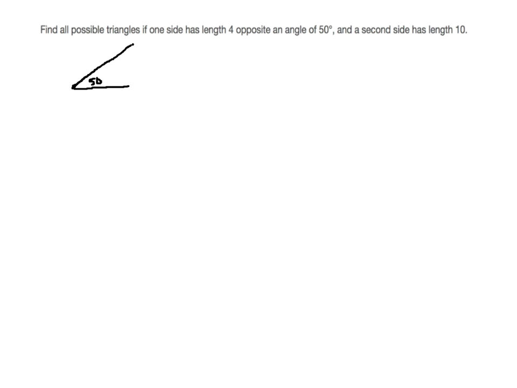There's my 50-degree angle, and I have a second side that has a length of 10. And the side that is opposite my 50 is 4. Well, I don't know if that actually makes a triangle or not. It appears it's not going to.